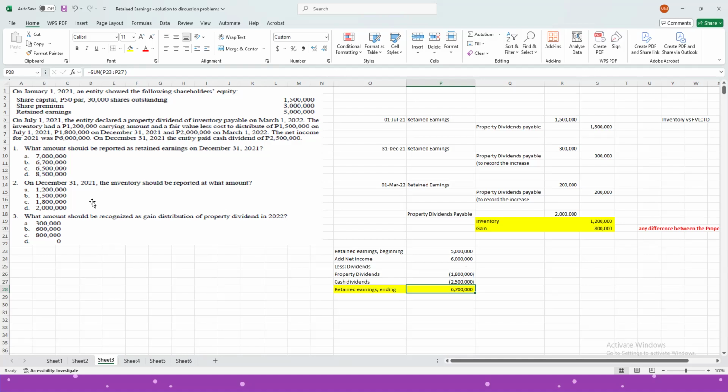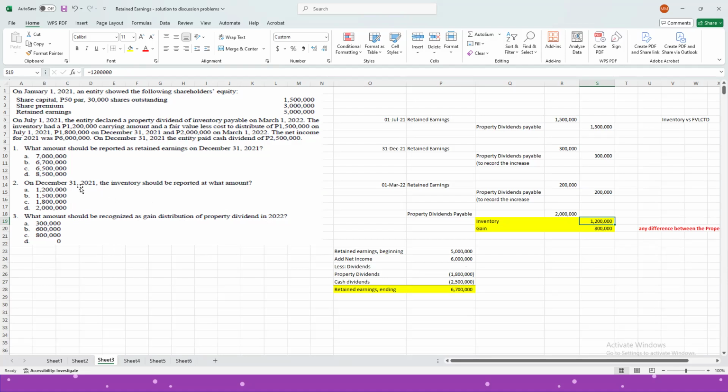Number 2, on December 31, 2021, the inventory should be reported at what amount? Inventory, so that's 1,200,000. What amount should be recognized as gain in the distribution of property dividends in 2022? So that's 800,000.